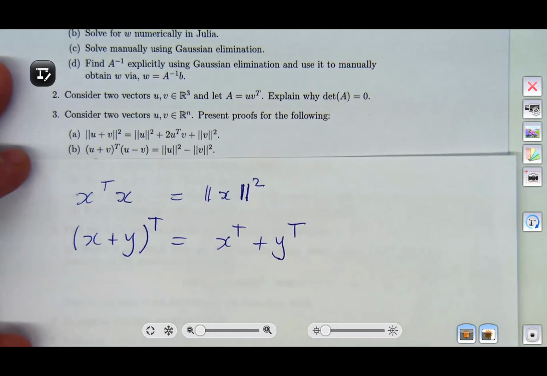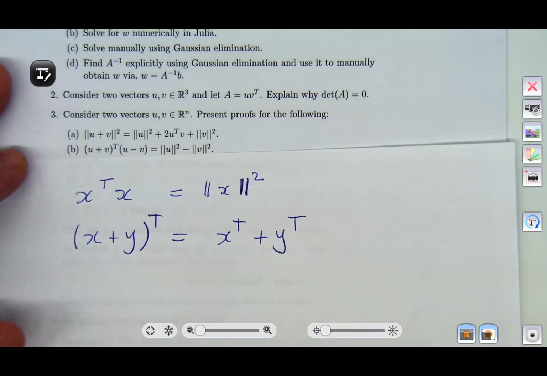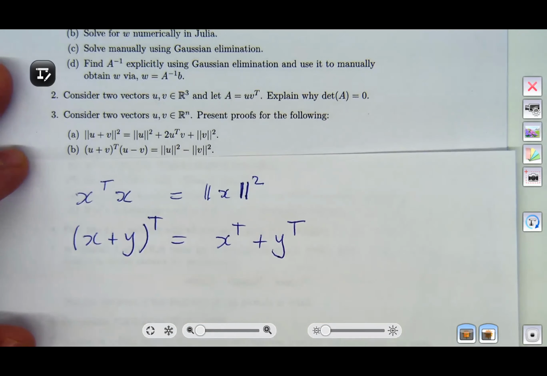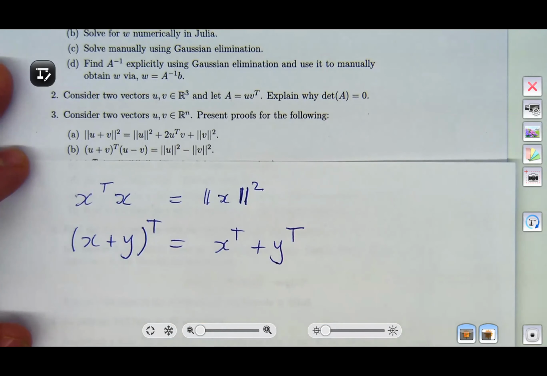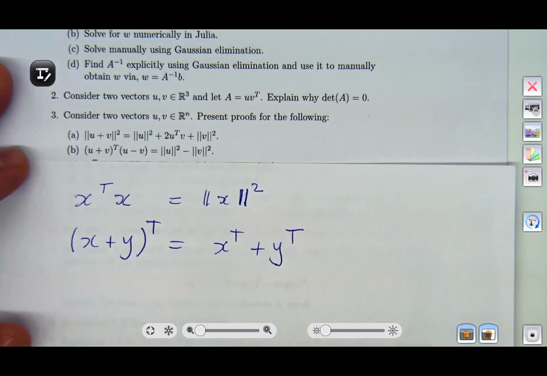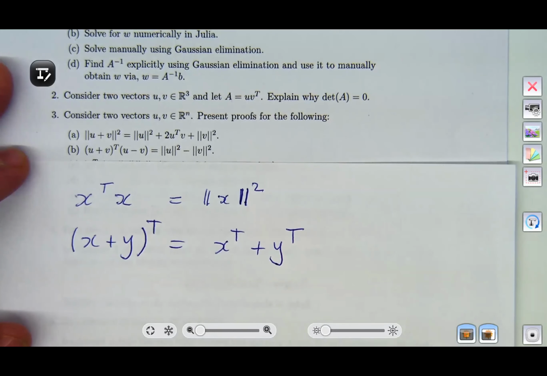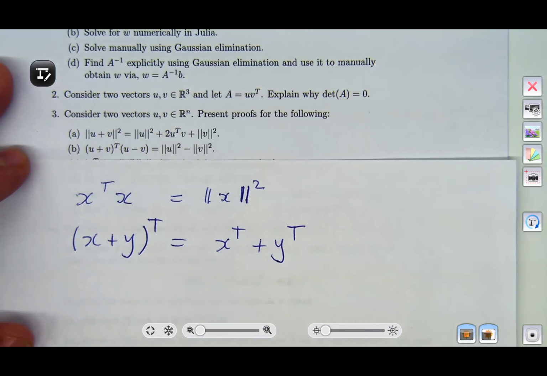If you had, say, two column vectors, you added them together, the entry in the first row might be x1 plus y1. And so if you're transposing the resulting vector that's the sum of those, well, you're just writing those in a different way, right? And then you can break them up again and you get this.